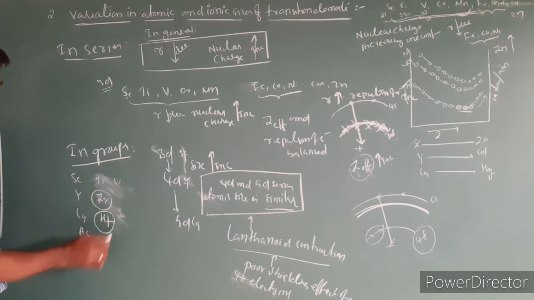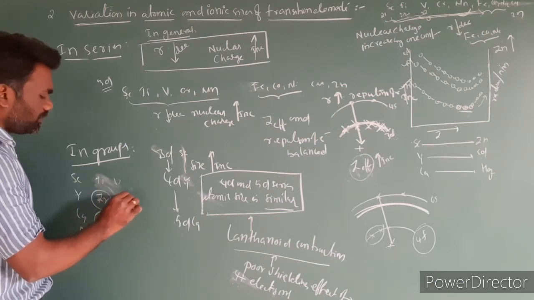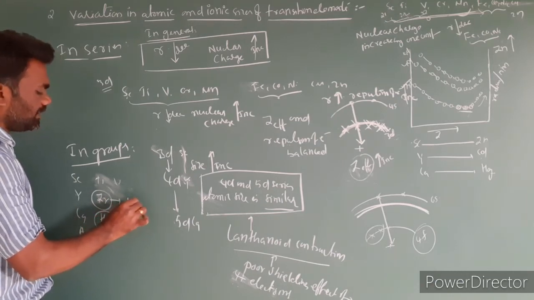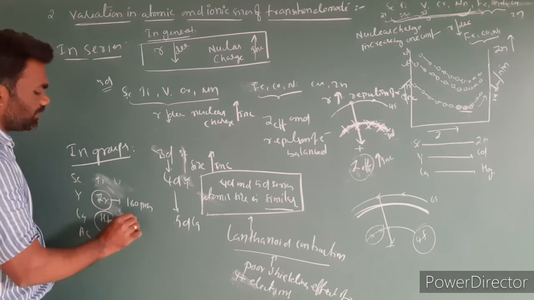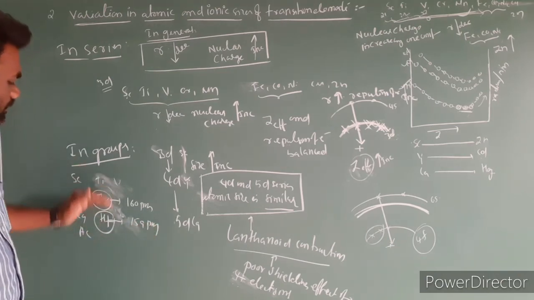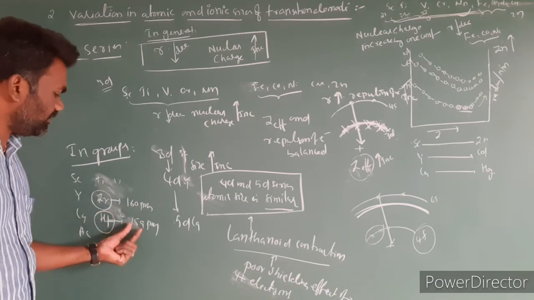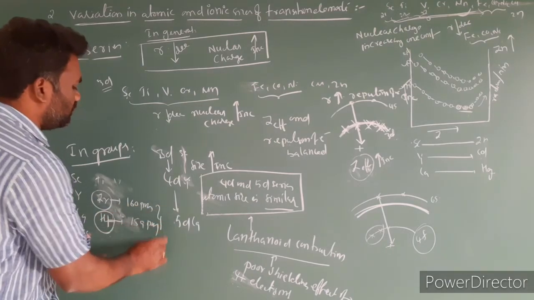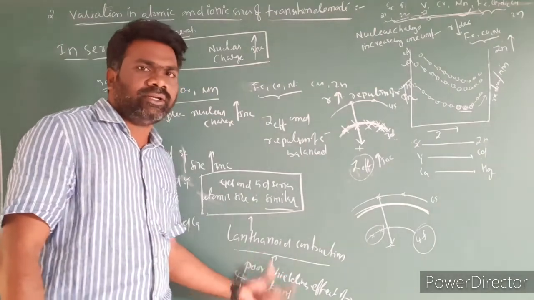Zirconium and hafnium have similar sizes. The atomic size of zirconium is 160 picometers and hafnium is 159 picometers. Actually, while moving from top to bottom, atomic sizes must increase, but here it is 160, 159. The atomic size is almost constant because of lanthanoid contraction.